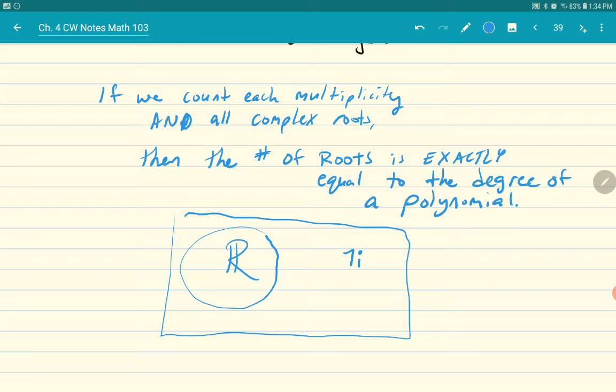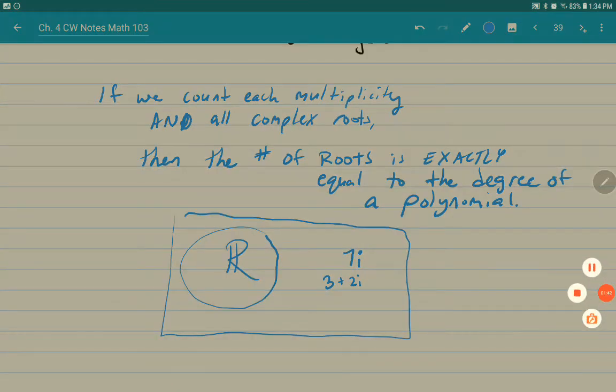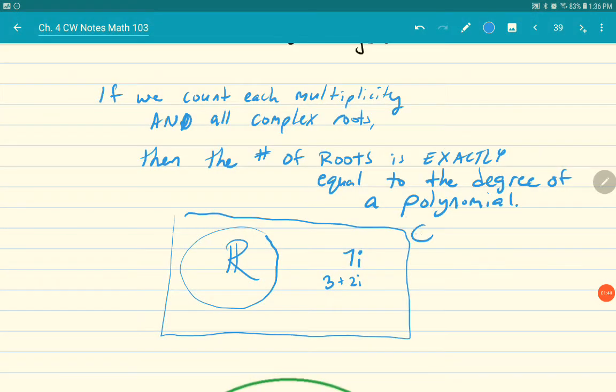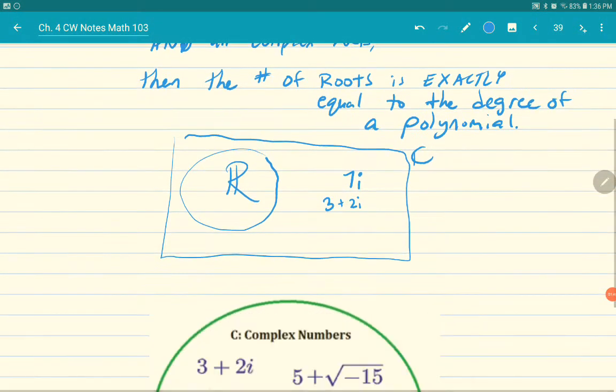We touched on it a little bit in Unit 1. So we saw things like 7i and 3 plus 2i and things like that. So those were not real numbers, but they are part of the complex plane.